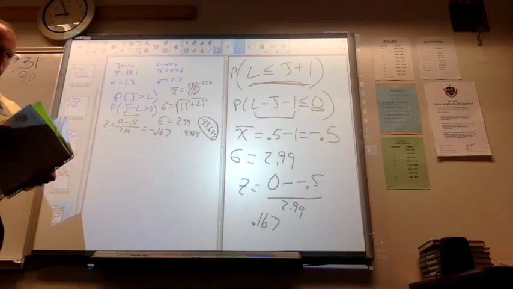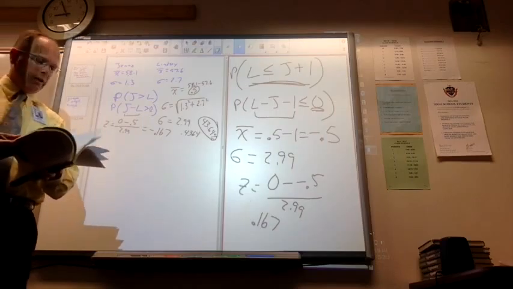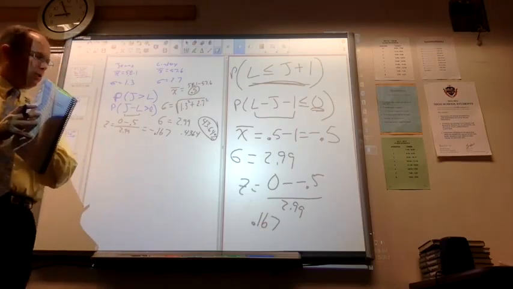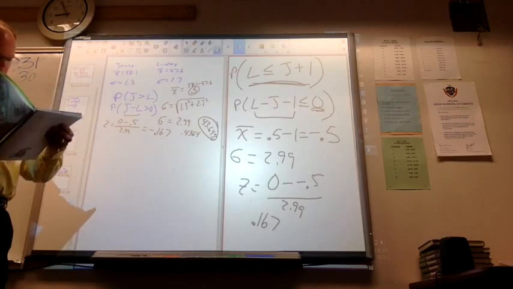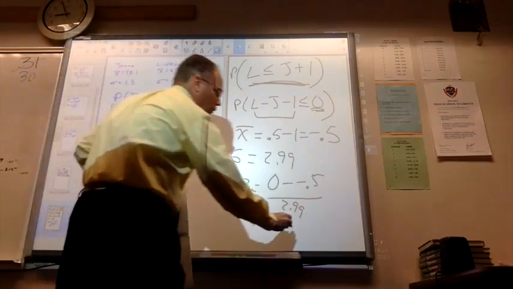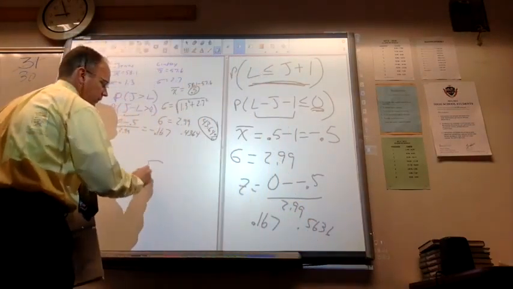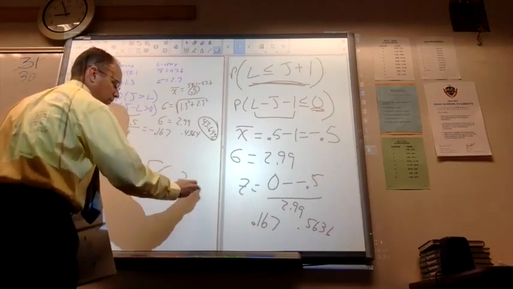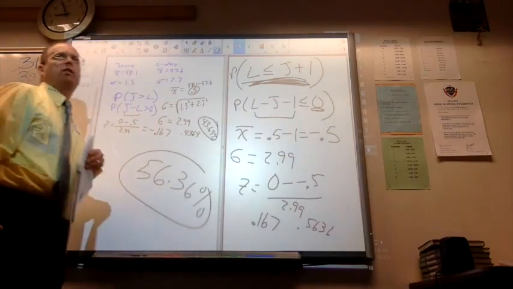So if you look at your table in the back of the book, you're going to look up 0.17 or 0.16. 0.16. So 50.5636. So 56.36% of the time, this scenario is going to take place.